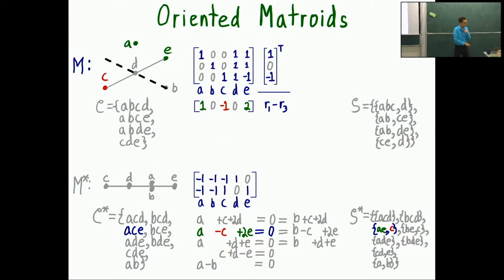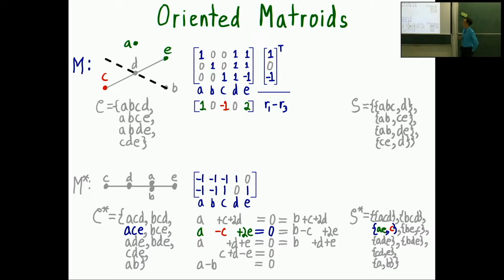If I consider a circuit of my dual matroid, this is a minimal dependency, so it's going to be a minimal non-zero vector in the row space of my original matrix. The support is the complement of a hyperplane of my matroid.